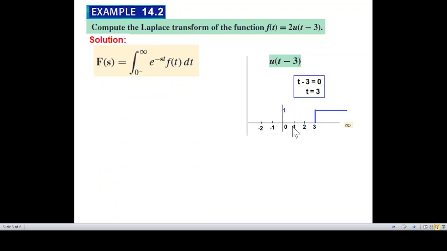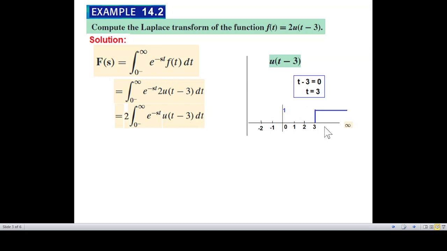Since there is no function before 0, we'll be using the one-sided Laplace transform, which starts from 0 to infinity, e^(-st) f(t). Now I'll plug in the value of f(t). So f(t) is 2u(t - 3). We take out 2, then this is remaining.